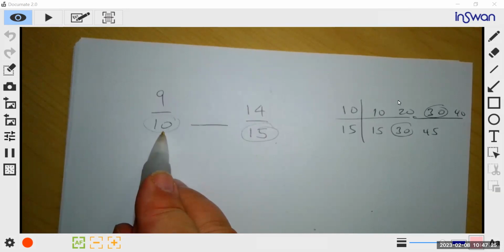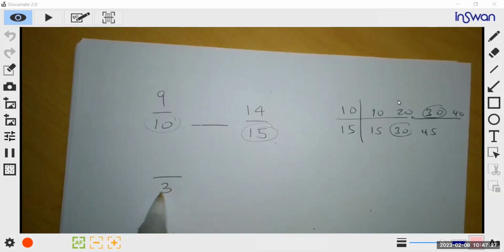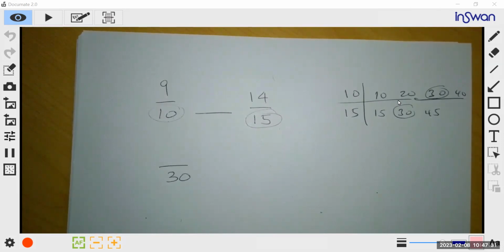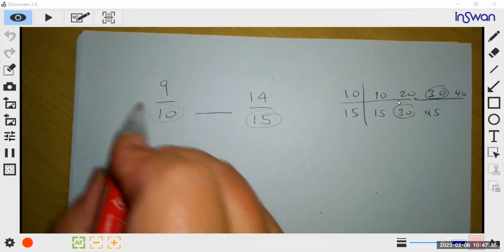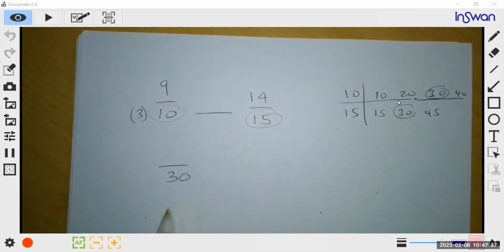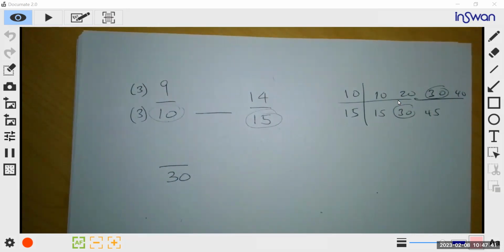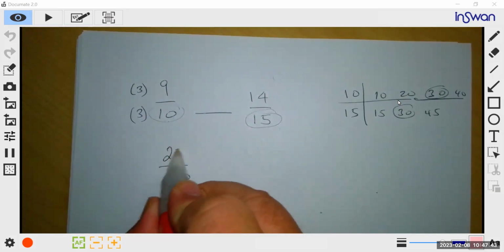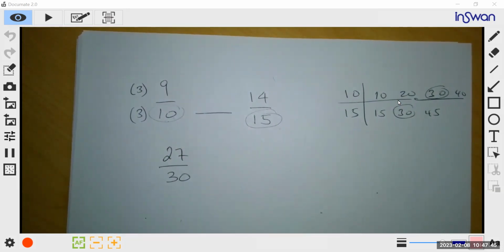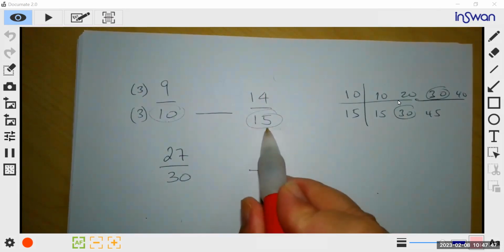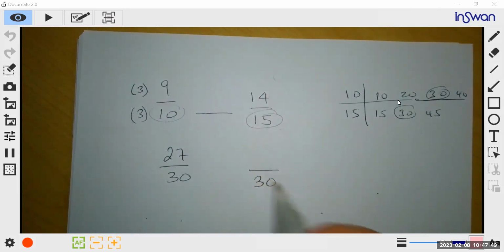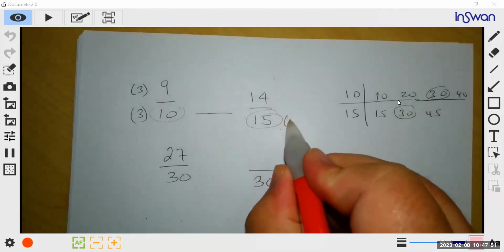So for this one to equal 30, what do I have to do? For this first side, 10 times 3 is 30. So I gotta do it on top also. 27. 15 times what is 30? 2.